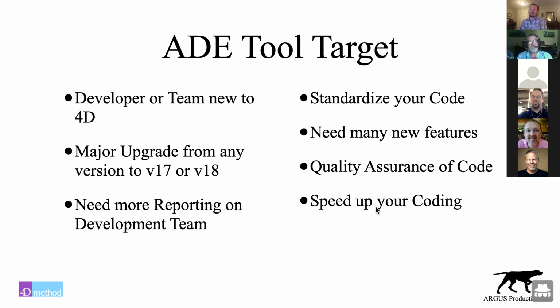And I remember that after Adam and I had finished a lot of the code in the ADE, of course, you're always adding features, but I was coding and I just started to laugh because of how fast it was, even doing forms.